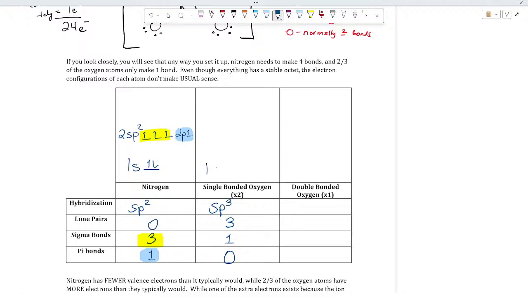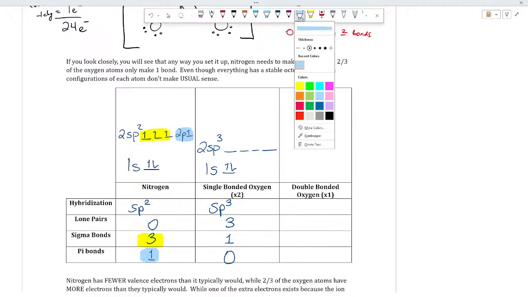So it would be 1s, and then 2sp3. And how many orbitals do we actually get from that? 4, because the s and all 3 p's will make 1, 2, 3, 4 orbitals. And what has to go in there? 3 lone pairs. How do I draw 3 lone pairs?